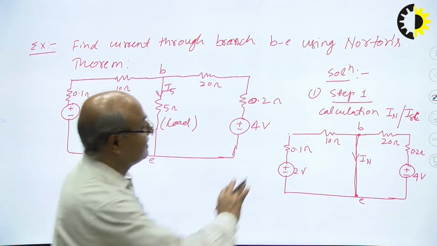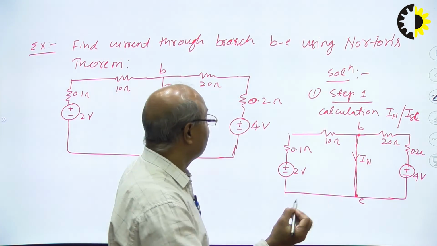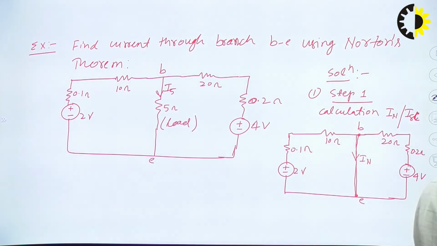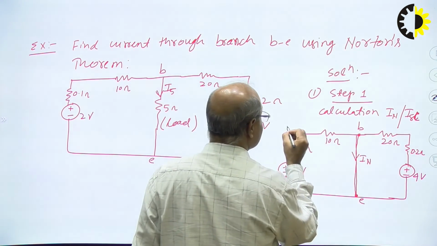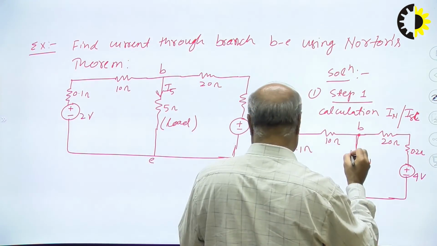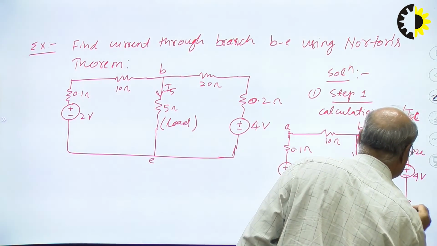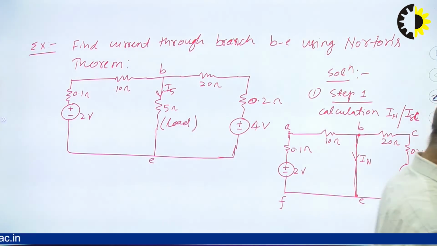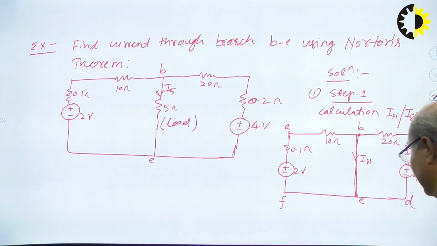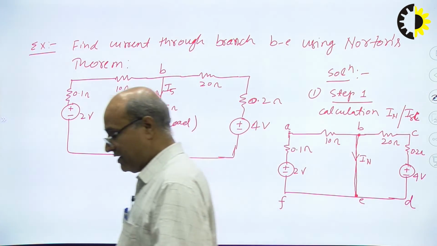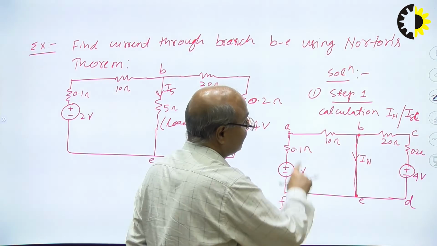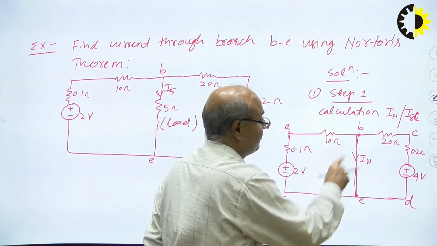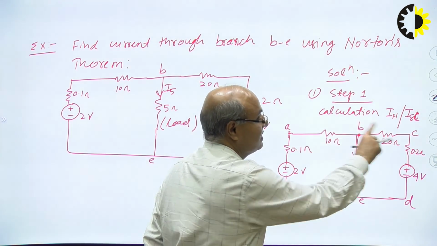Now this is the circuit and we have to find this current. We can apply any rules to find it. Suppose we name this terminal as A, this is B, this is C, D, E and F; these are the terminals. What rule can we apply to find this current? Suppose we apply KVL. We see that there are 2 meshes or 2 closed paths, one is this and the other is this.